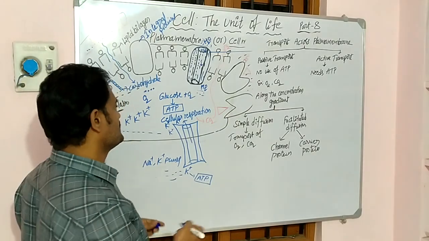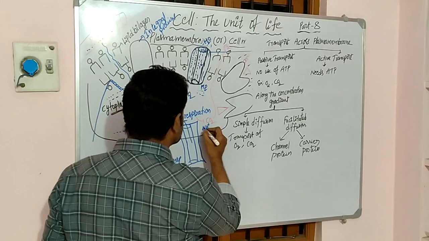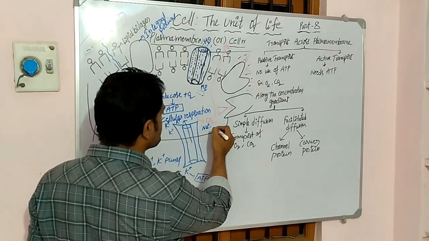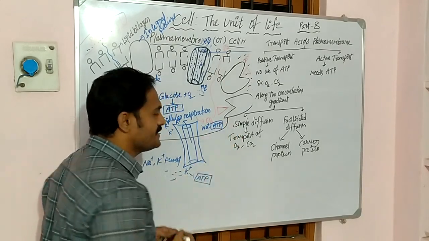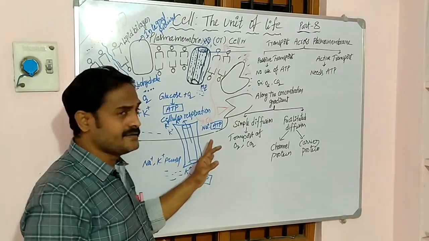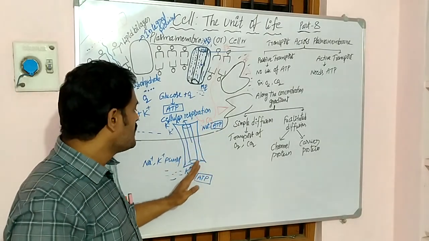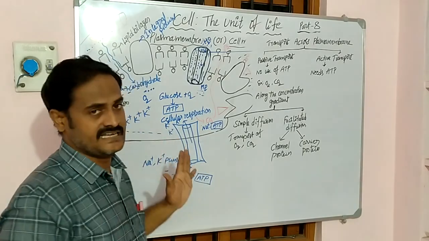Likewise, some sodium ions are sent out from the cell to the outside. Here this also uses one ATP molecule. So ATP means what? Energy. So with the help of ATP molecules, the ions are passing inside or outside the cell.